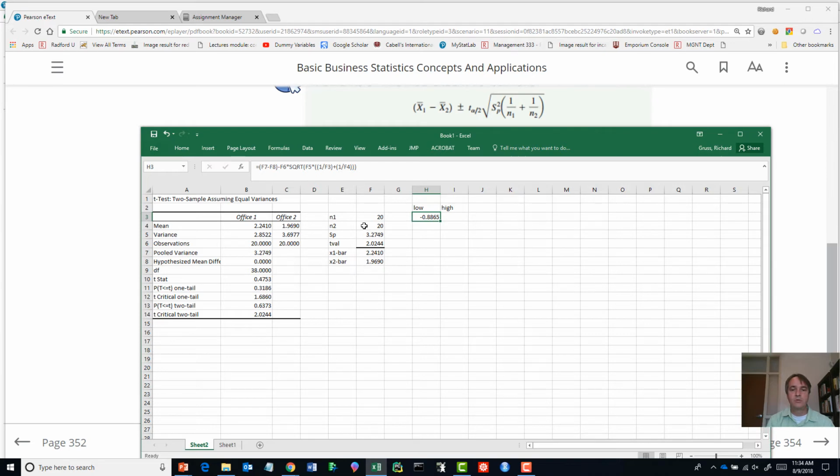One thing to observe is that it's negative, and we want to know, is this interval going to include 0, which is the null hypothesis case. I'm going to copy this verbatim over to here, so it's exactly the same, but then change the minus to a plus. We see that the confidence interval on the difference between the two means does include 0.